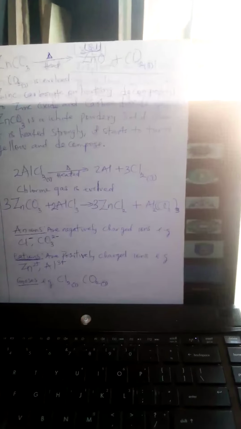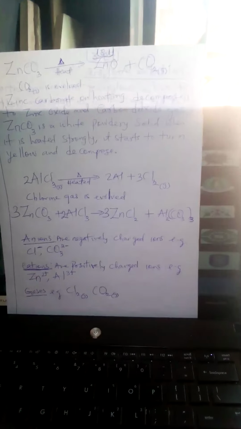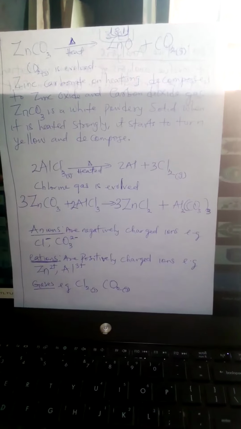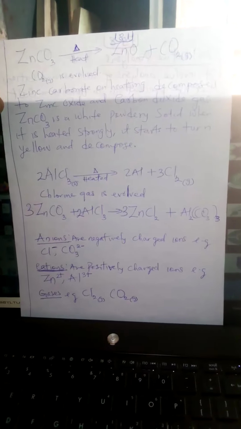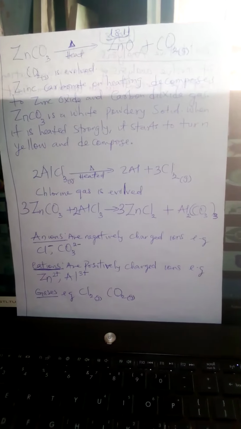Then for the 8.1, I believe you can also see it. Now it is possible for you to be asked to decompose XN. You heat it up. When you decompose zinc carbonate, we are going to have ZnO and CO2. That is zinc oxide.